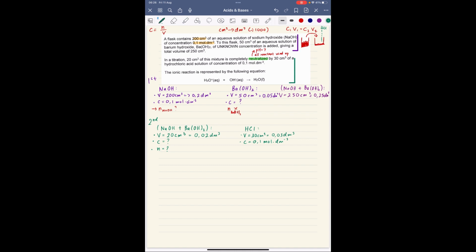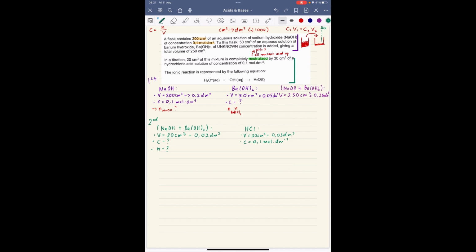So this is what happens. Whenever you are taking a smaller volume from a bigger volume, you will always use C1V1 is equal to C2V2. So we're going to use this formula over here.